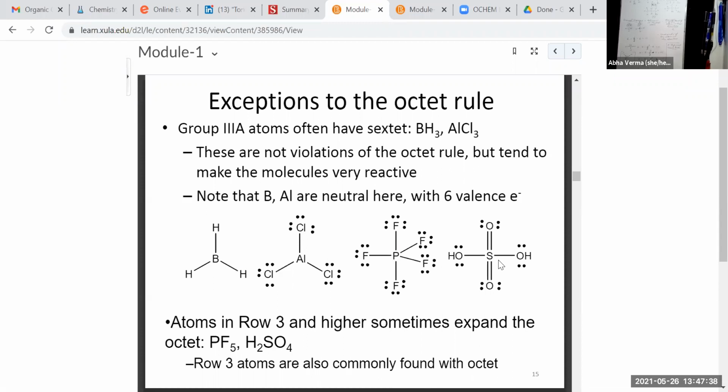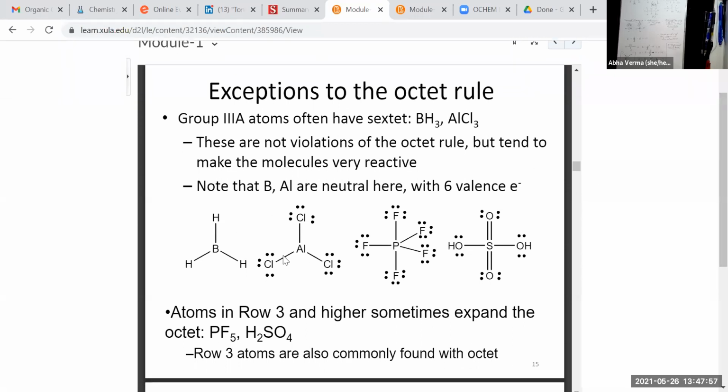Similarly, phosphorus and sulfur, even though they are in row 3, can expand their octet. From 3p, they can go to 3d orbitals. And that's why these 4 elements will show you exceptions to the octet rule.